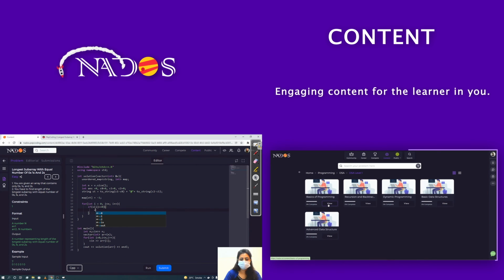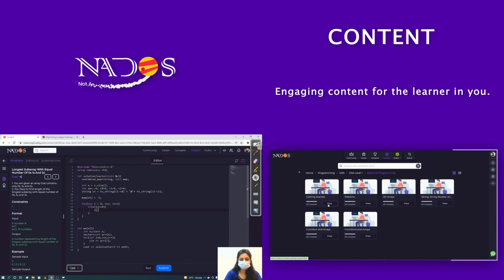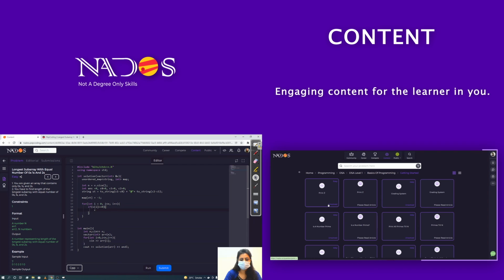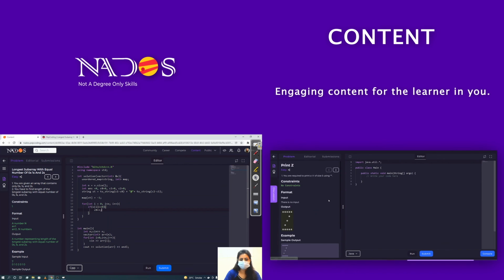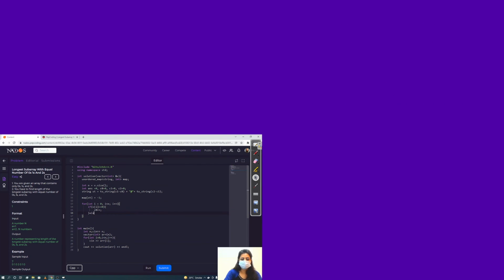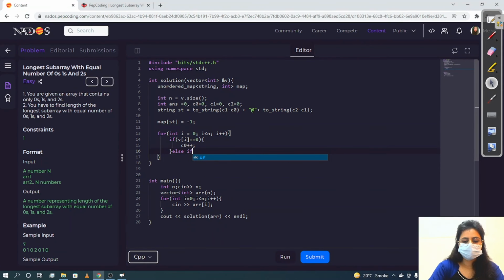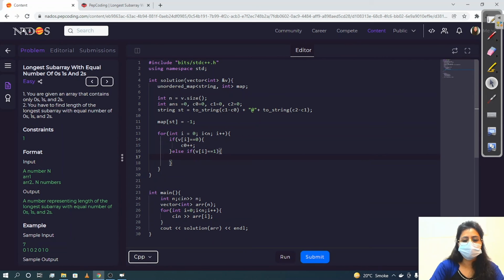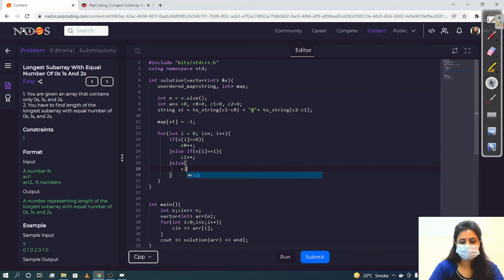We'll increase the count of 0, right? c0 plus plus. Else if vector of i is equal to 1, then we'll increase count of 1, right? Else we'll increase count of 2, c2 plus plus.